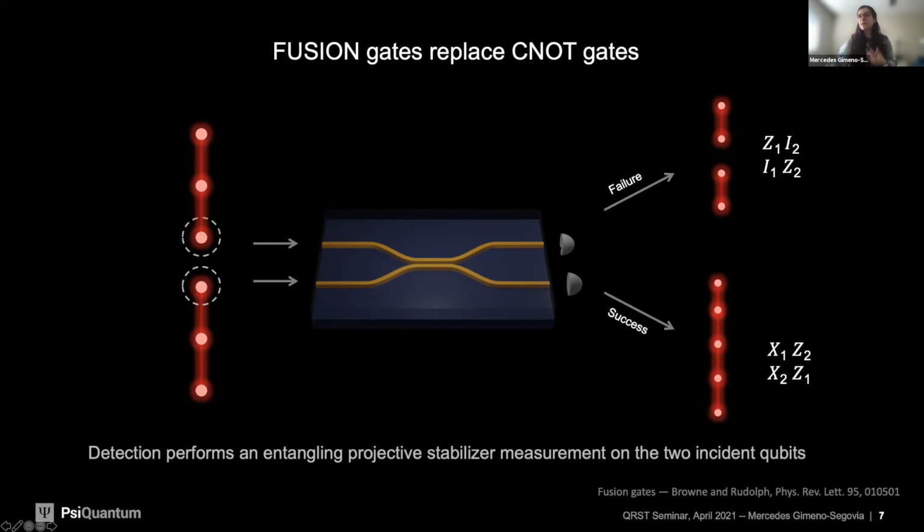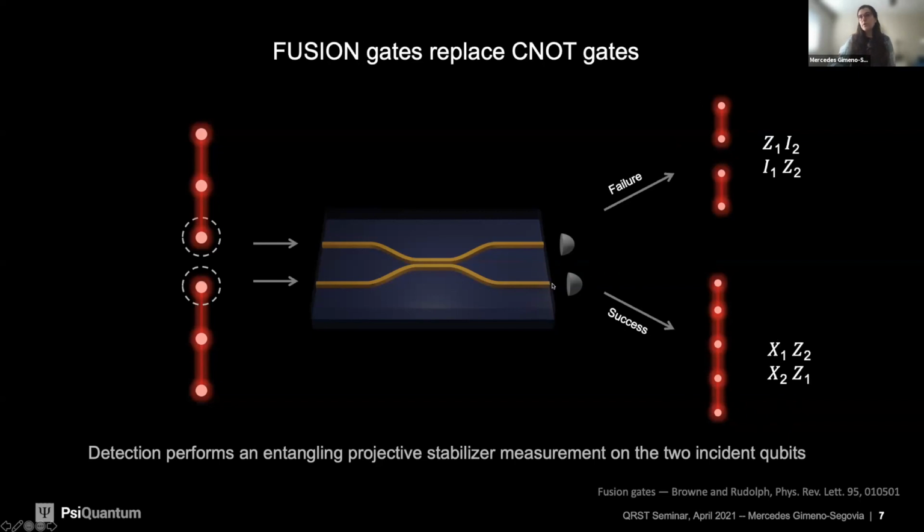A particular detection pattern will herald success, in which case I will have generated a larger entangled state. And in some cases, when the detection pattern tells me that it has failed, I get a different state. Now, what is important to note here is that even though my operation may have succeeded or failed, I am still recovering stabilizer operators that describe my state.